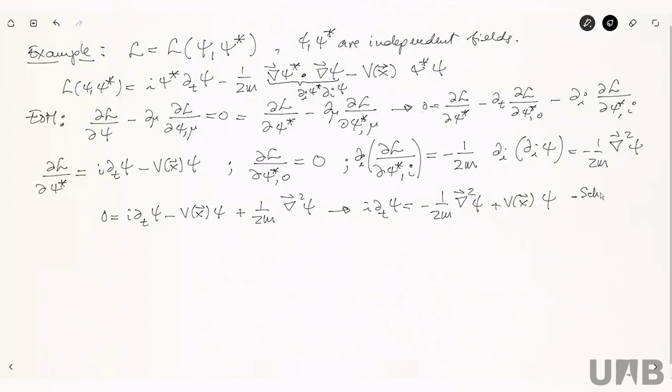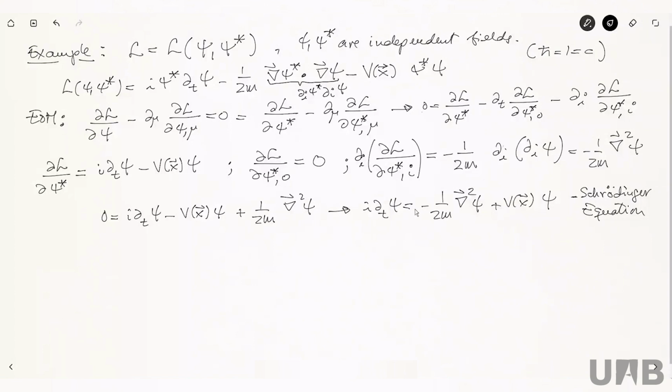H bar equals 1. No? Okay. The Schrödinger equation. Yes, absolutely. So this is h bar equals 1 equals c. C doesn't play any role here, but yes, you are right. There should be an h bar.